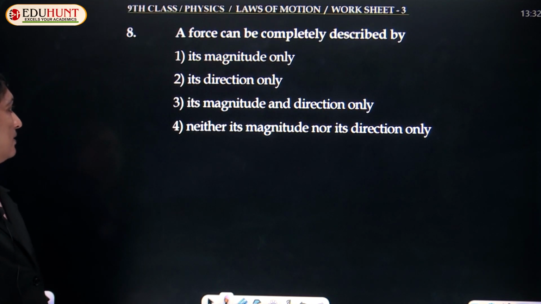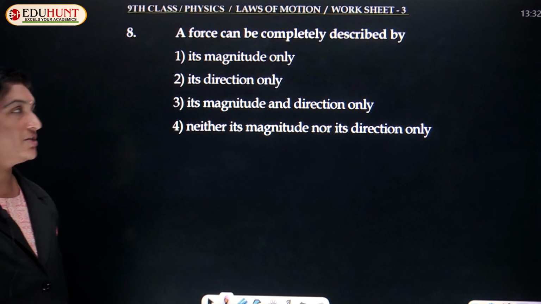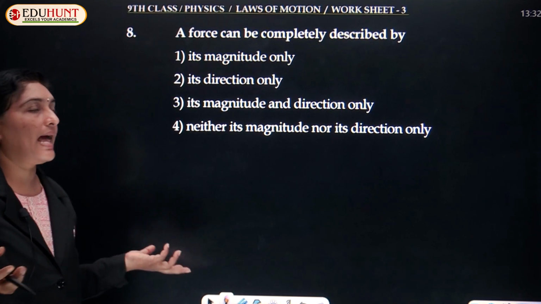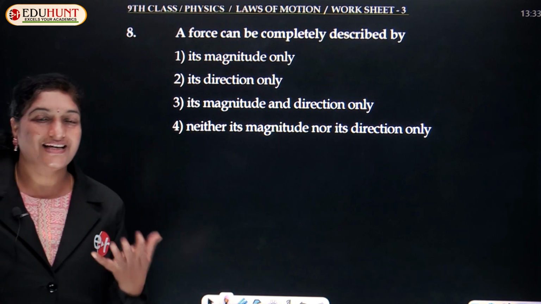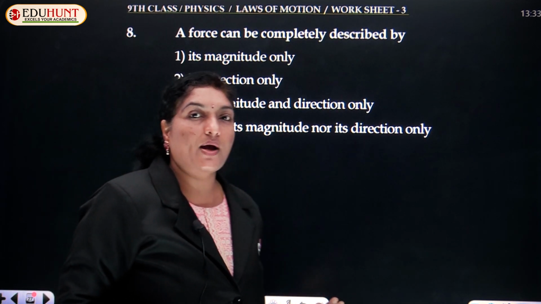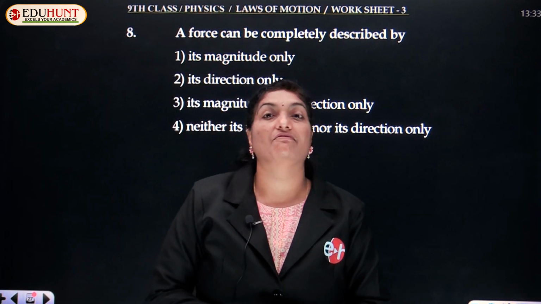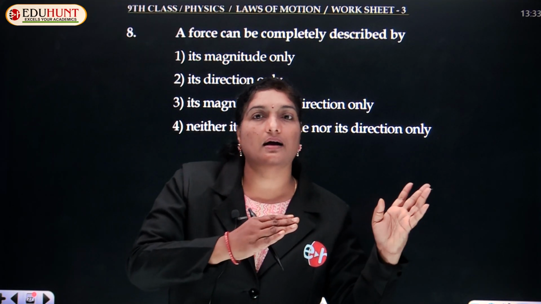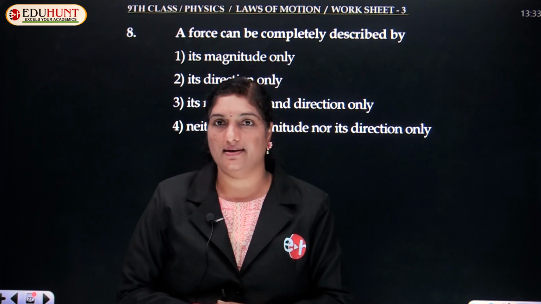Now let us move to the 8th question, children. A force can be completely described by... Is force a vector quantity or a scalar quantity? Of course, force is a vector quantity. It has magnitude, it has a specific direction.